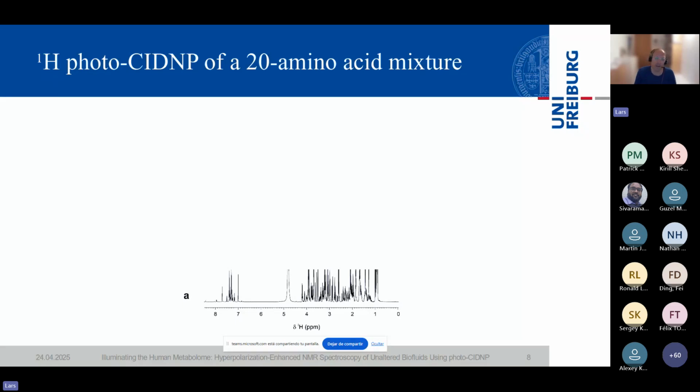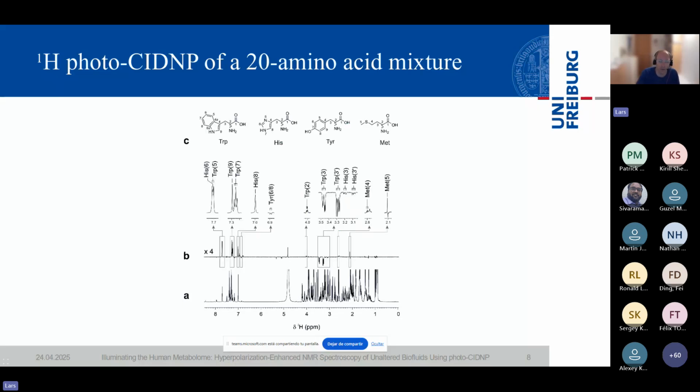We then subjected this sample to a photo-KIDNAP measurement. We added the photosensitizer in a relatively low concentration, I think around 0.2 millimolar, which is the concentration that we normally use for these experiments, and this is what we ended up with. Obviously the spectrum is hugely simplified. We only see a few resonances out of the many that were present in the thermal spectrum.